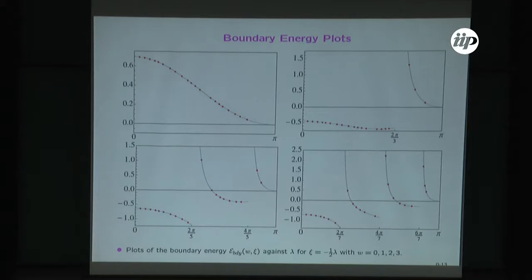No surprises there. But as you increase w to 1, you can see there's one jump discontinuity. And then for 2, we have 2 discontinuities, and then 3. And this was quite surprising when we first saw this. But you can see that the agreement between these quite complicated integral formulas and the numerics is very good indeed, even right up to the point of the jump discontinuity.